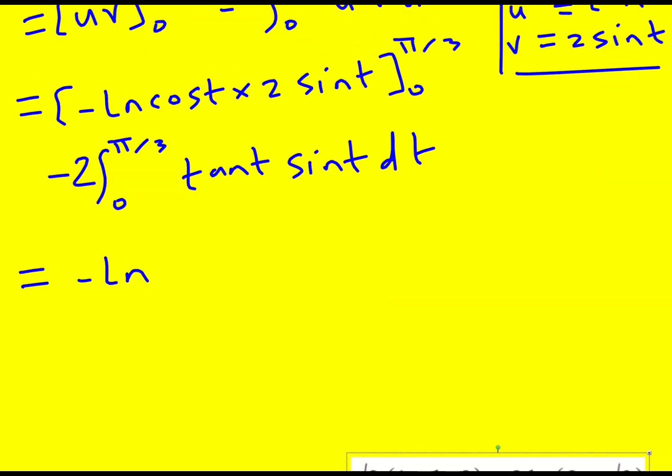So we get minus ln cos pi over 3, which remember was a half, times 2 sine pi over 3, which is root 3 over 2. And then when I put 0 in, I'm going to be timesing by 0, so I don't have to worry about that. These two are going to cancel.